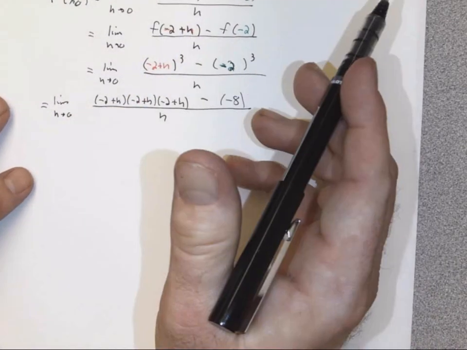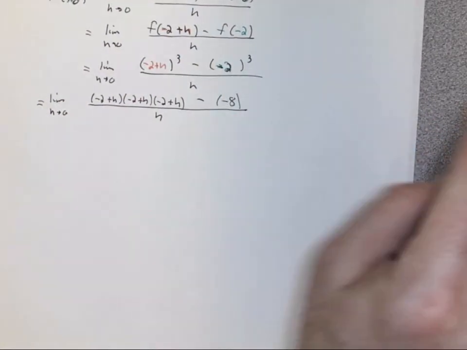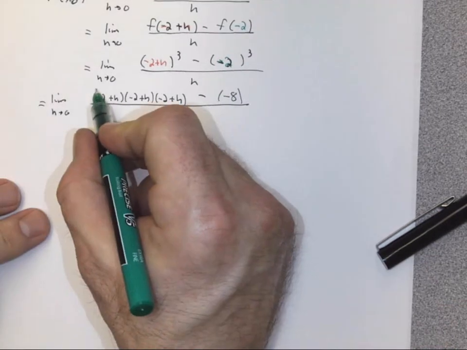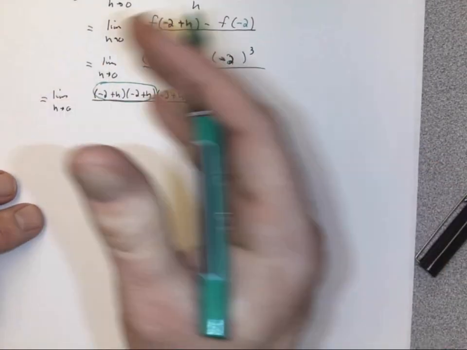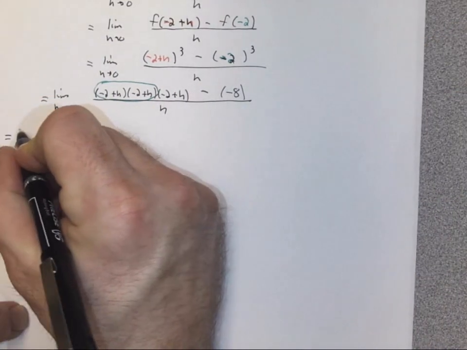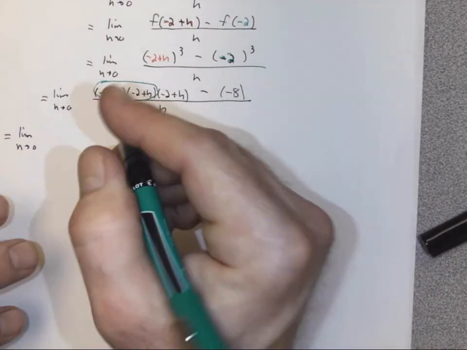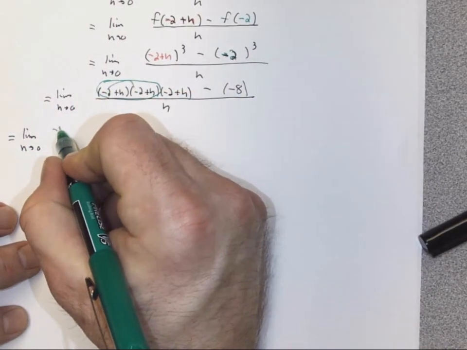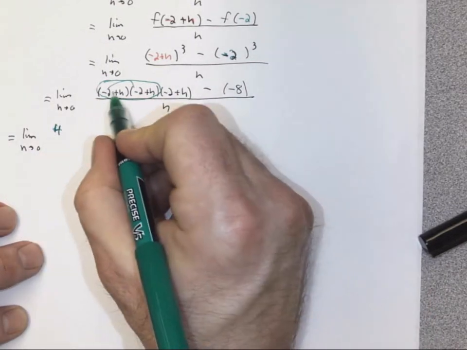So when you multiply things, we only do 2 at a time, right? So I'm going to do these 2 first, and then I'll multiply the last one next, okay? Multiplication is a binary operation, so you can only do 2 things at a time. So when you FOIL this, it's going to be +4, right? -2 times -2 is +4.